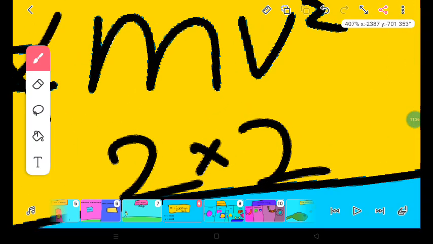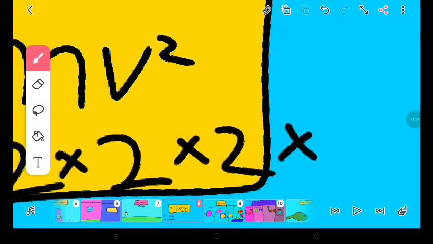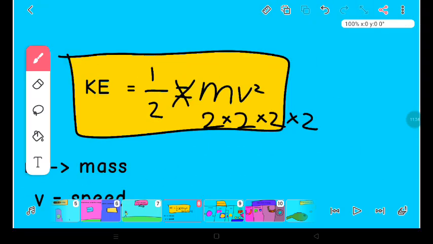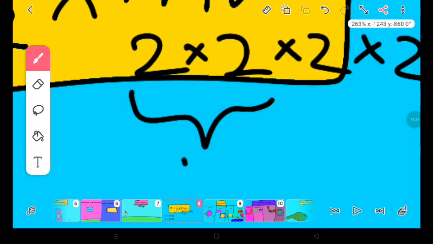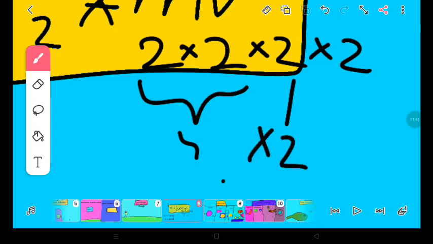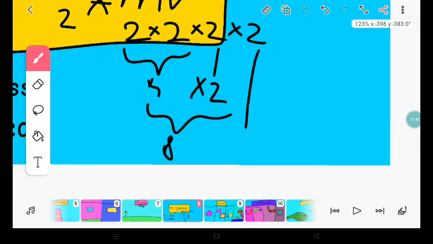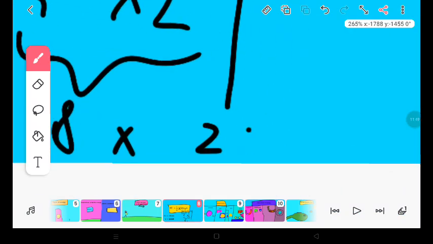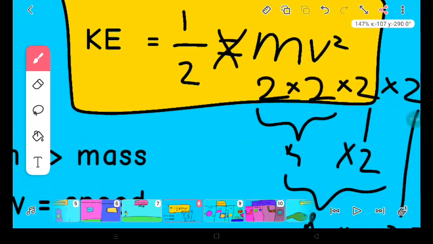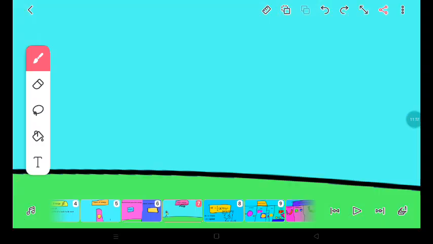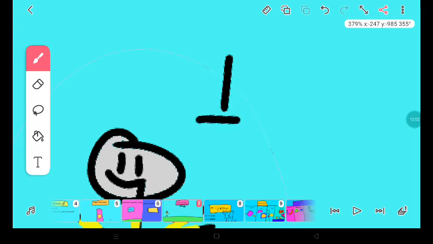And v squared means 2 multiplied by 2, which is 4, and 4 multiplied by 2 is 8, multiplied by 2 is 16. So the kinetic energy of this stickman is 1 by 2 of 16.